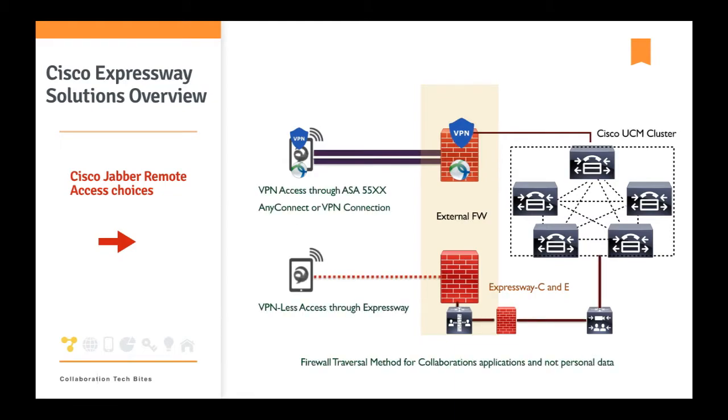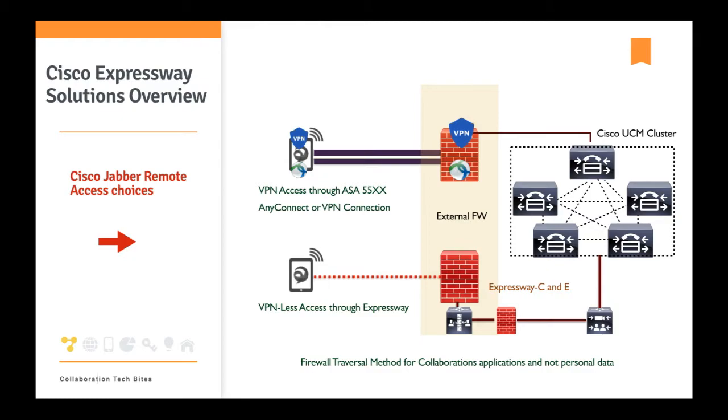Okay, so what are the choices of Cisco Jabber registration? Of course, we still have the VPN option. VPN is not going away, through AnyConnect. But the new option that we're talking about here is VPN-less access.